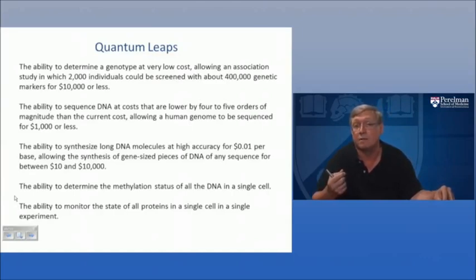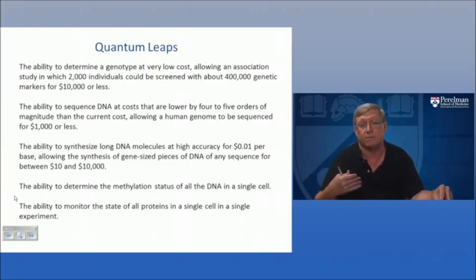Part of this was the ability to sequence DNA at costs that would reduce the cost of genome sequencing to basically a kind of medical test. So one could envision having as part of your medical record your particular genome sequence.